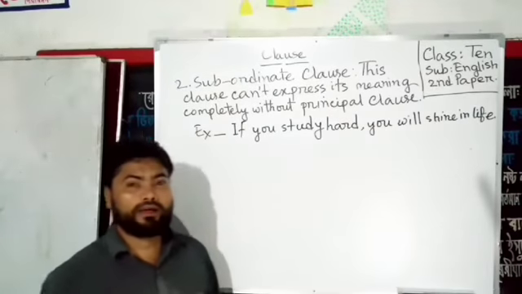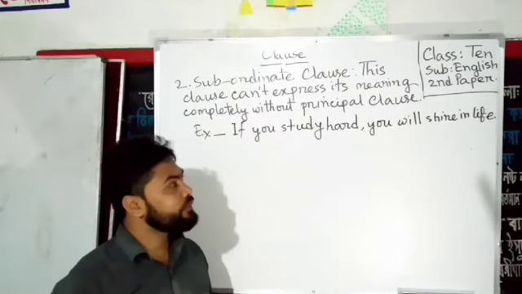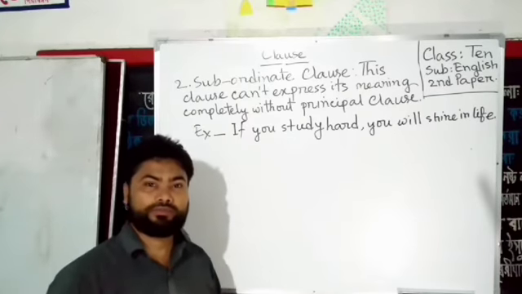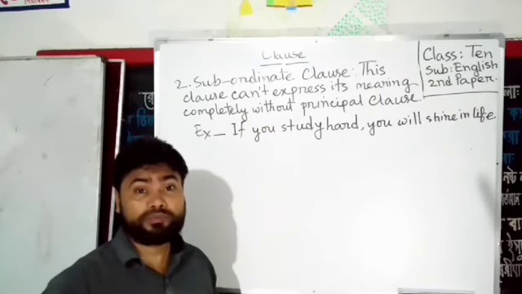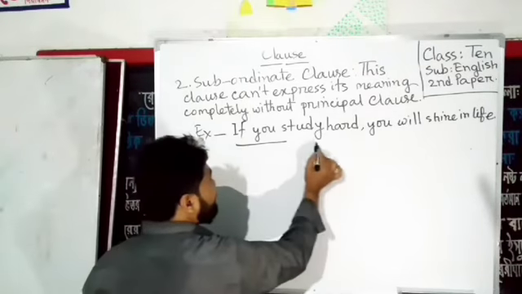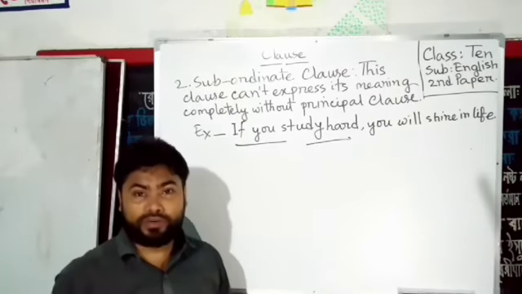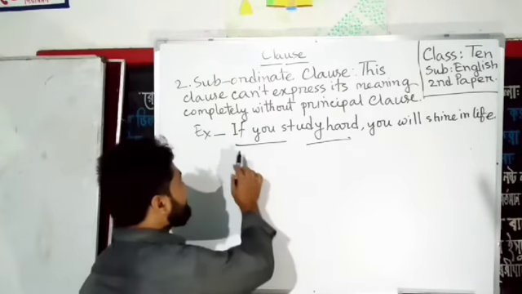You can see a sentence. If you study hard, you will shine bright. So which part can't express its meaning clearly? Can you guess which part? Yes, you can. This part.